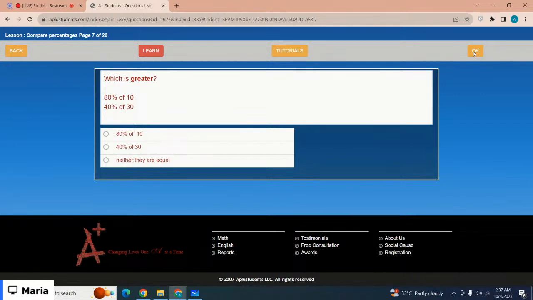And for the smaller number, you have to calculate the greater percent. 80% is greater than 40%, right? So the greater one is 40% of 30, because 30 is greater than 10.